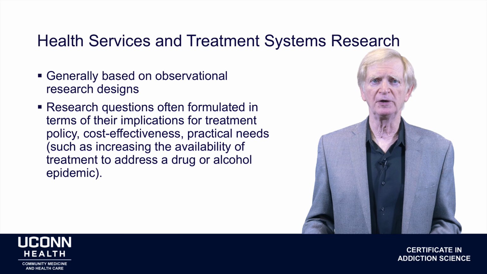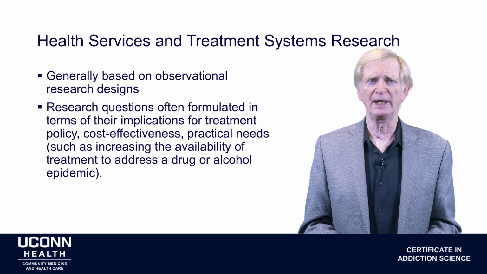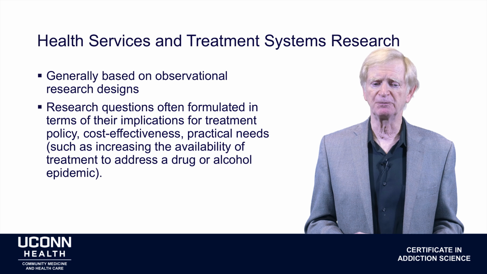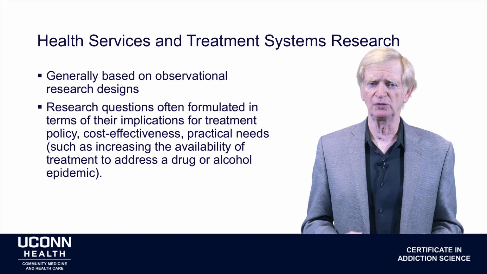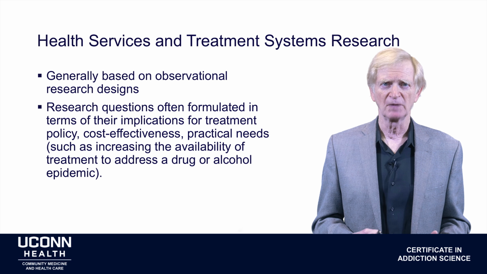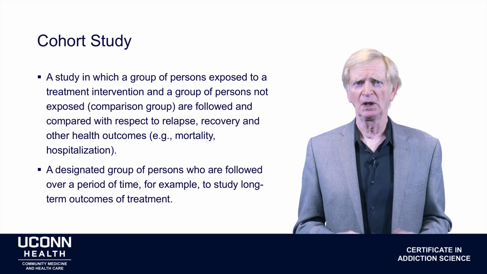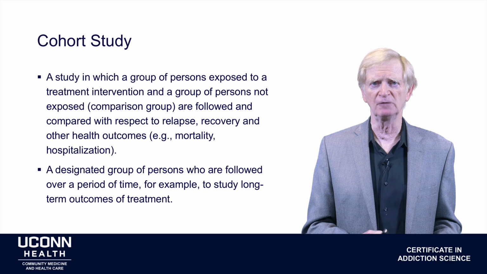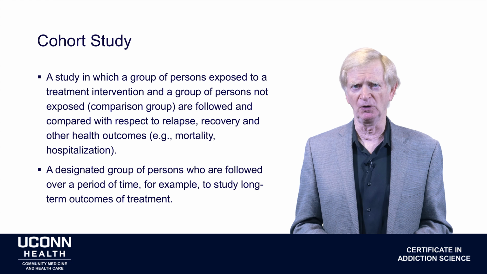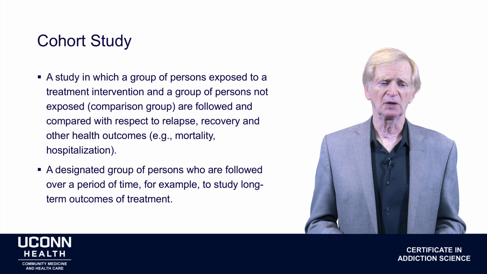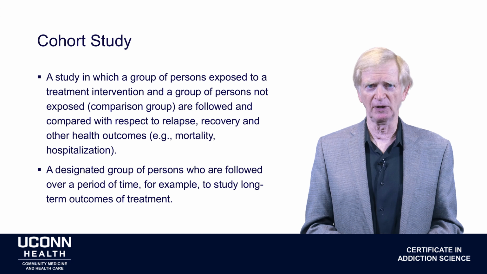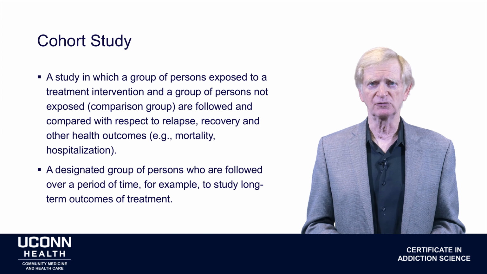One key way to study people who are exposed to different types of treatment is in a cohort study. This is a study in which a group of people are exposed to one intervention and compared to a group of people who receive no intervention or a comparison intervention.